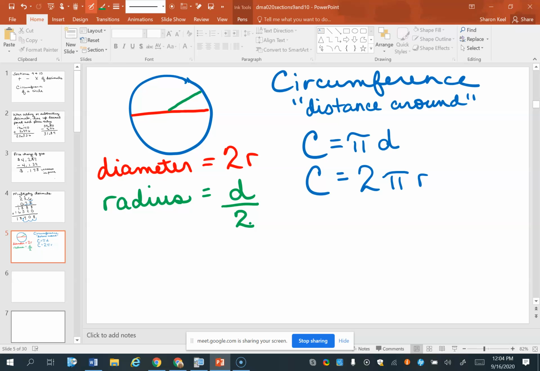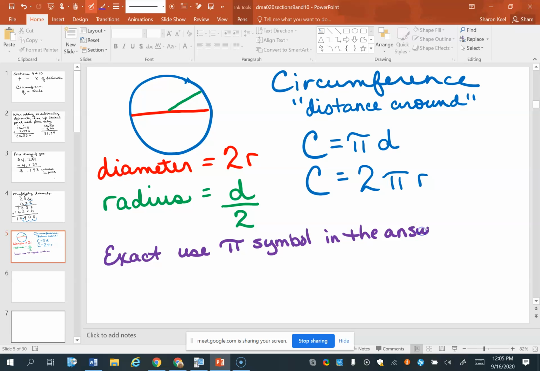So if we have this problem, you're going to be asked for either the exact circumference or the estimated circumference. If you're asked for the exact circumference, they want you to literally use the pi symbol in the answer.